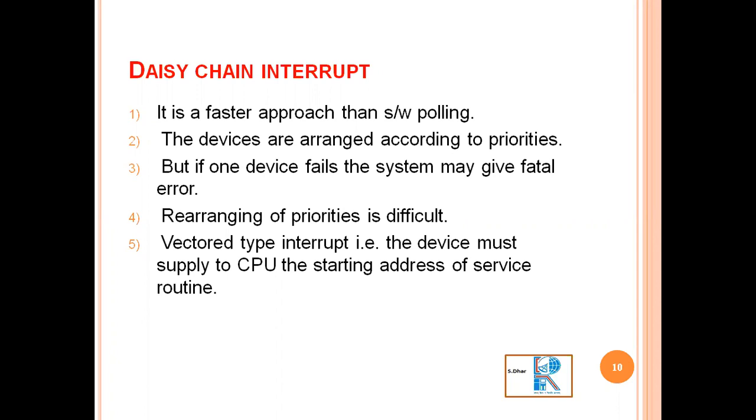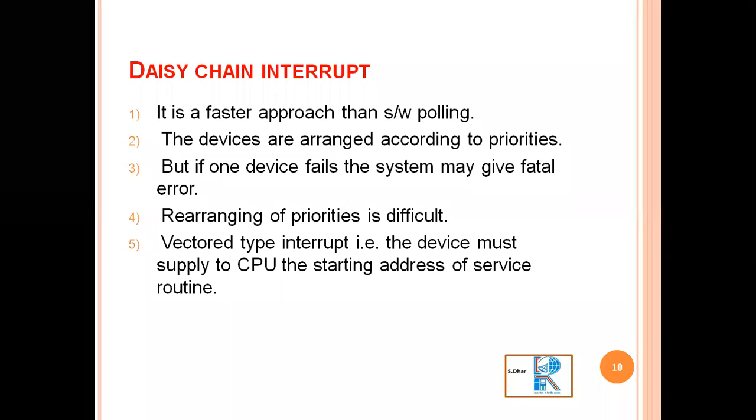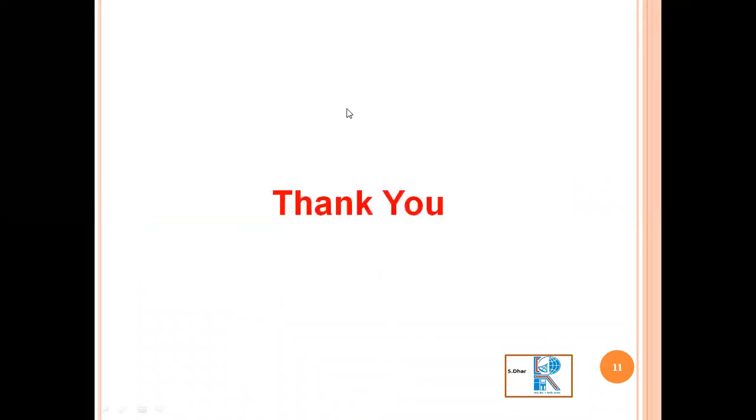And if priority comes, there are two types of technique to handle the priority of different devices. One is the software technique, that is called polled IO, and another is the hardware based approach, that is called the daisy chain interrupt service. Okay, and daisy chain is a vector type approach, and the polled approach is a non-vector type approach. So this is all for today.